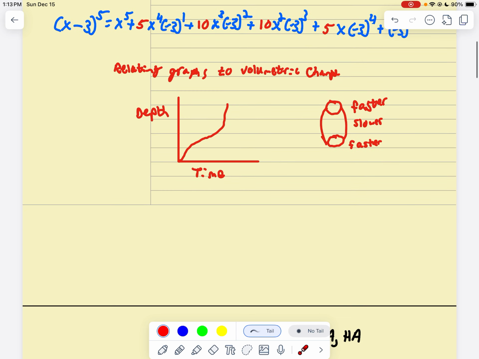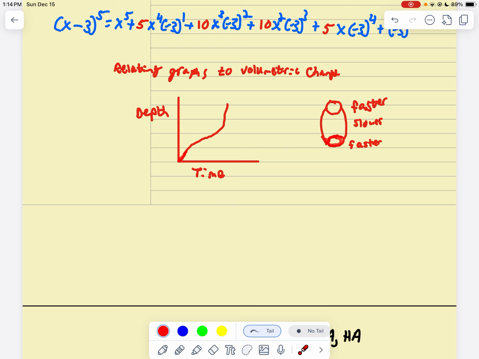All right. Relating graphs to volumetric change. So if you're pouring water or something into a container, the depth of the water changes with the shape of the container. So if you begin with a smaller bottom, the level will be going up faster.